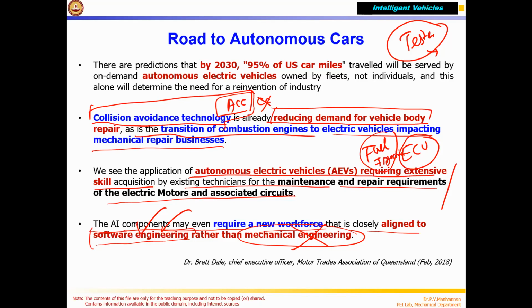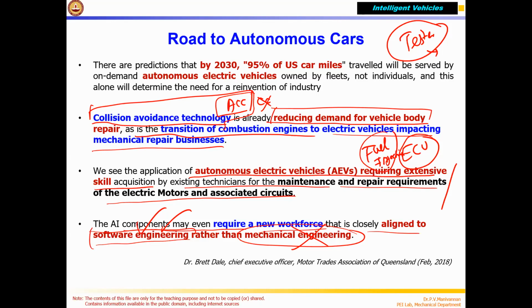Because the engine is made of mechanical, the brake is made of mechanical, the body, transmission, all are mechanical, but they are all connected and controlled by electronic ECUs. They use sensors, they use actuators, they use a lot of software. So you have to learn all these things. So you have to become a mechatronic engineer.